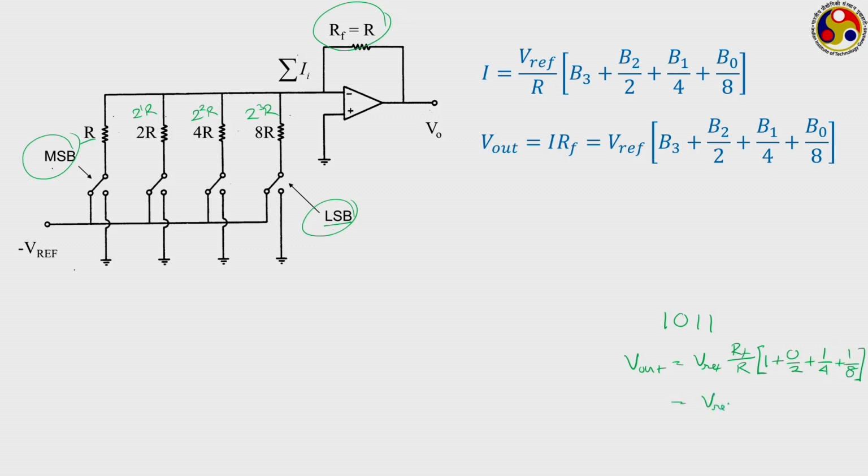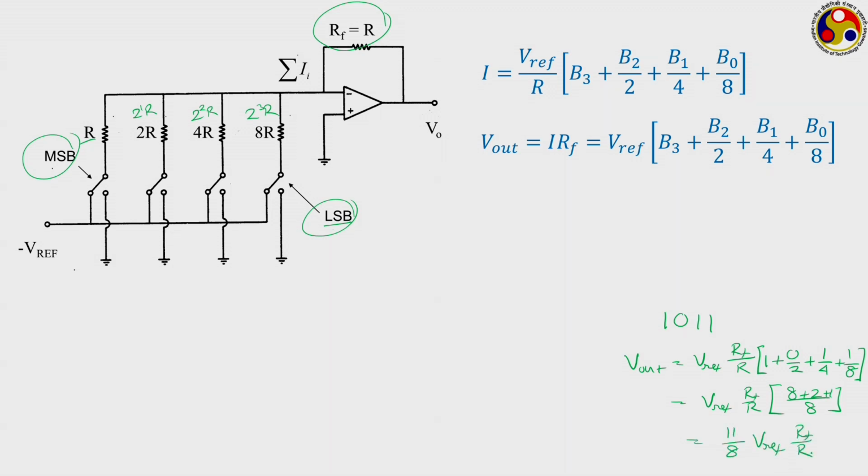That is V ref into RF upon R, and then if we add all of them together, we have 8 plus 2 plus 1, that is 11 by 8 V ref into RF upon R.